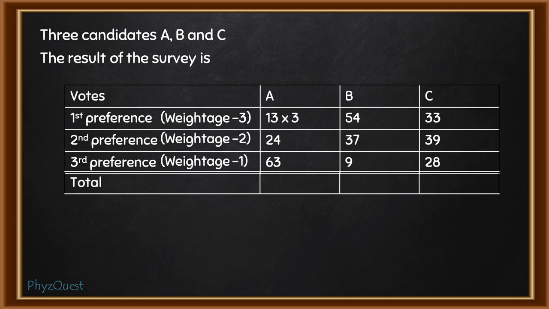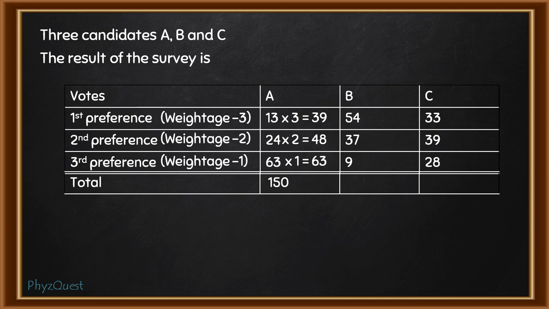Since it has weightage 2, it will be multiplied by 2. And lastly, as third preference, A has got 63 votes, so it will be multiplied with 1 as the weightage is 1. So ultimately 13 into 3 is equal to 39, 24 into 2 is equal to 48, 63 into 1 is equal to 63. So the final total comes out as 150. So this is the final total of votes A has got.